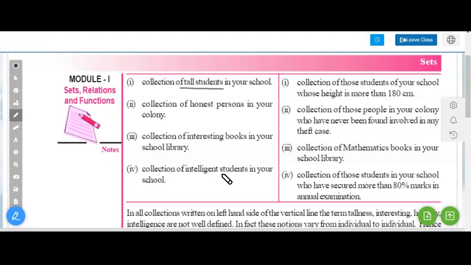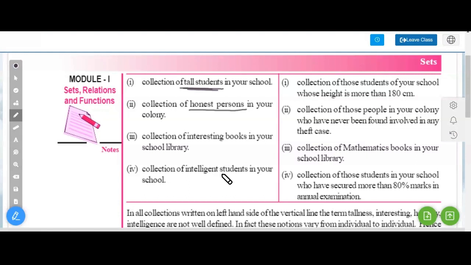So it is not specified properly. Next one is the collection of honest persons in your colony. Again, honest persons cannot be understood in any way. What is the rule for an honest person?